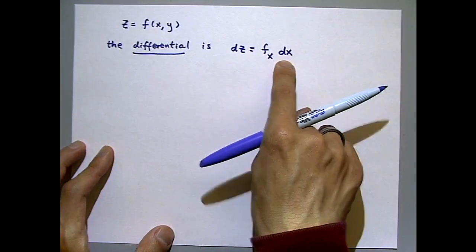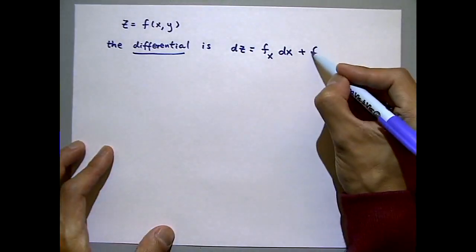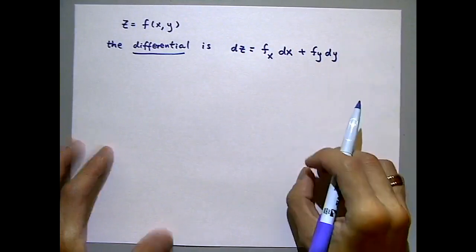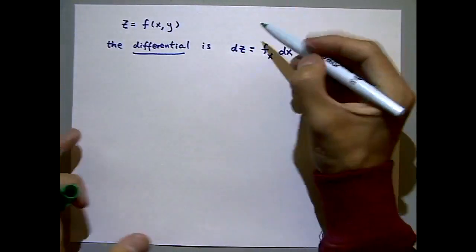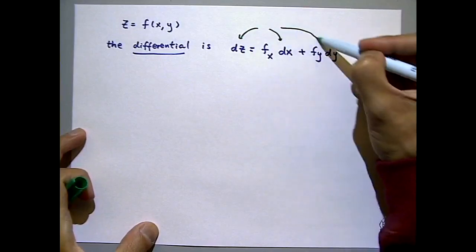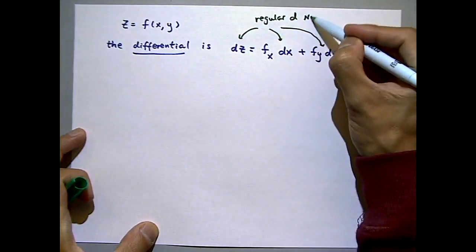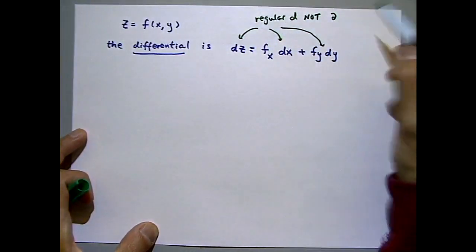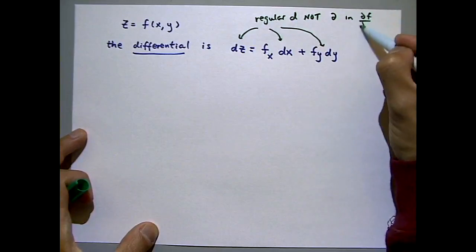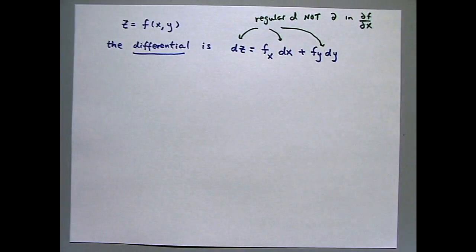These are regular d's, not the funny-looking d's as in partial derivative. Okay, so that's a differential. And we actually use the differential in the calculation here.